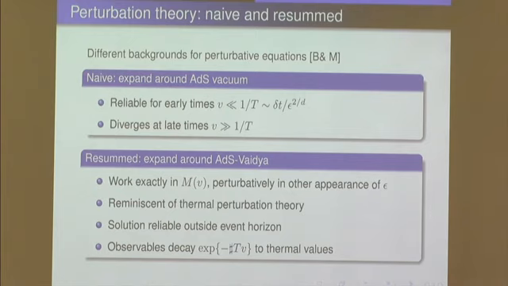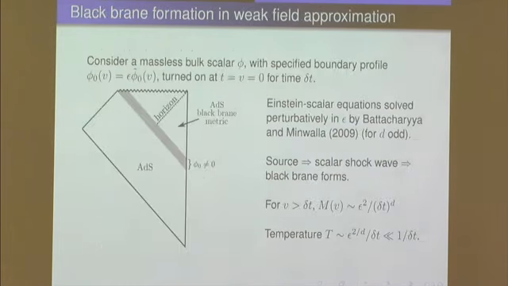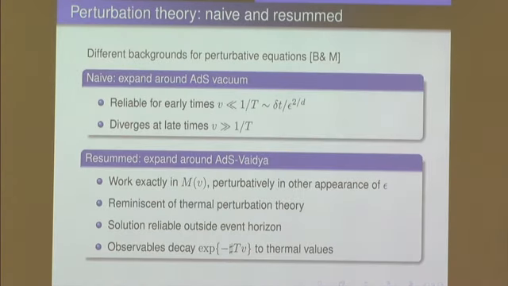So likewise, what Bhattacharya and Minwala did is that instead of taking the AdS vacuum as a background, they take the AdS Vaidya metric as the background for the expansions. And then they work exactly where the masses appear, and of course the mass secretly depends on the amplitude squared, just like the photon mass depends on the coupling squared.